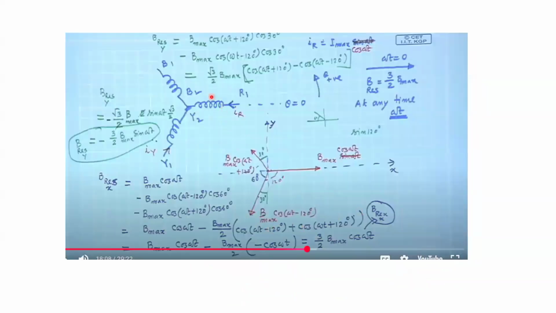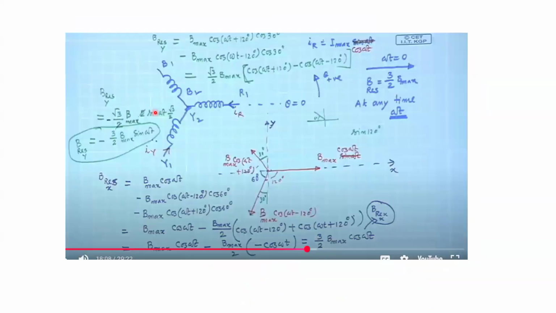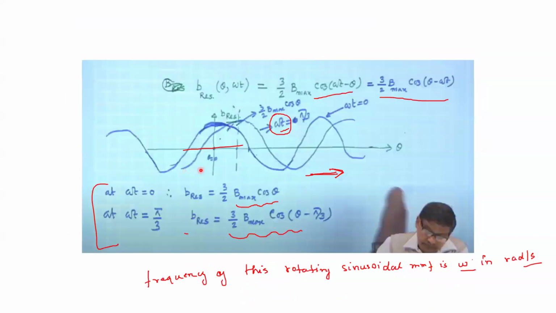Here sir has again found this for omega t equal to 30. He is trying to prove the same thing, that this is a rotating MMF. This was 3 by 2 Bmax cos theta, but as omega t becomes pi by 3, it gets shifted to 3 by 2 Bmax cos(theta minus pi by 3).